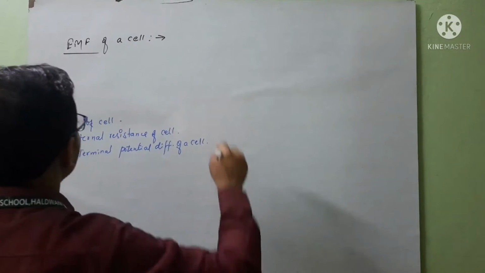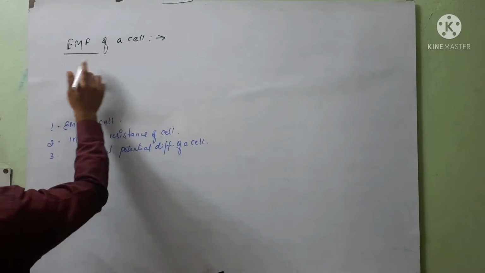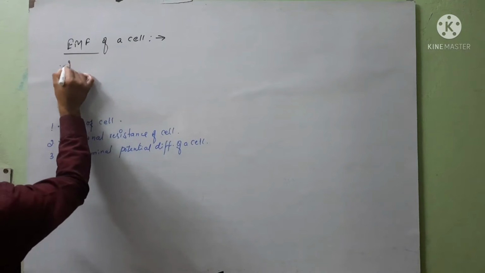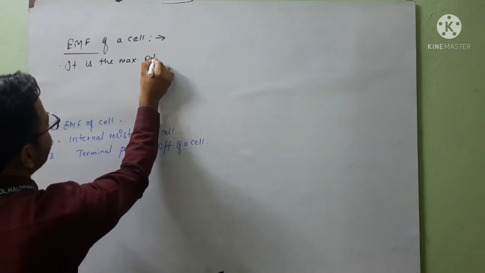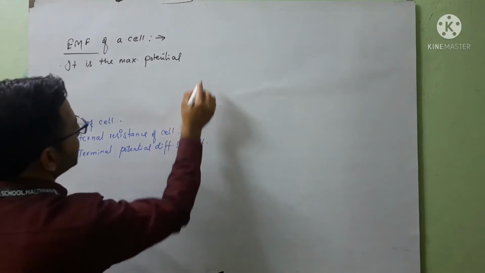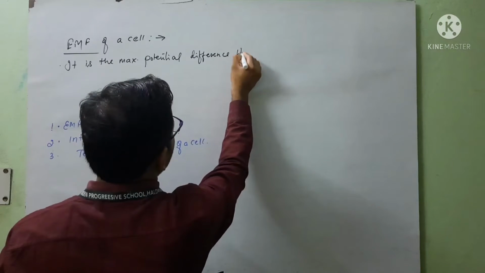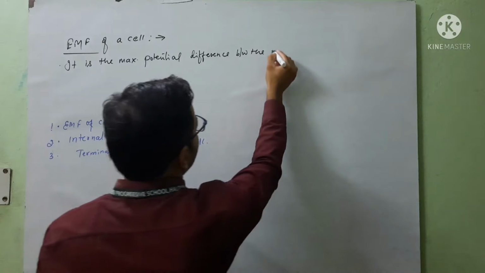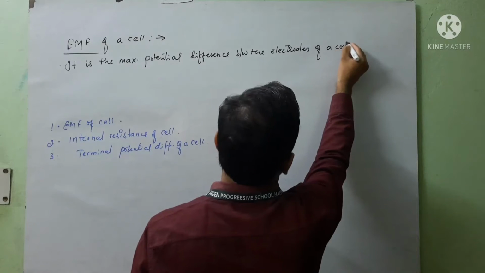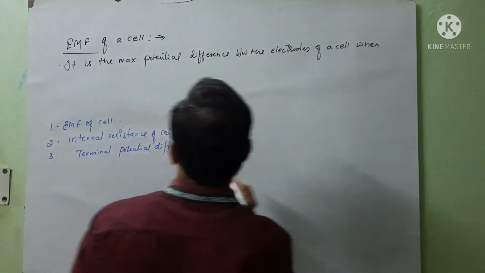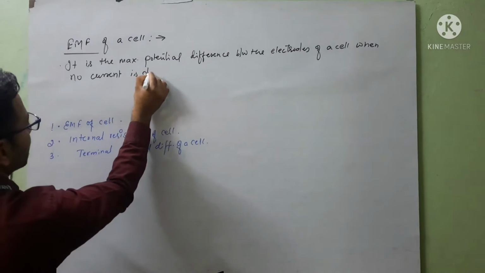Out of these three, I will write one definition which is common and related to the other ones. The definition of EMF: it is the maximum potential difference between the electrodes of a cell when no current is drawn or flows through it.